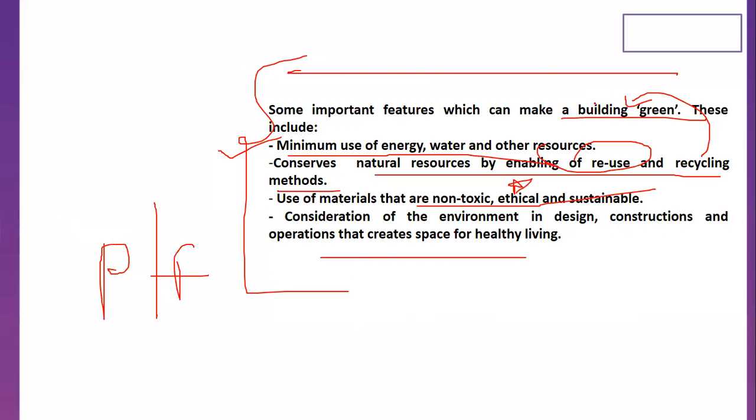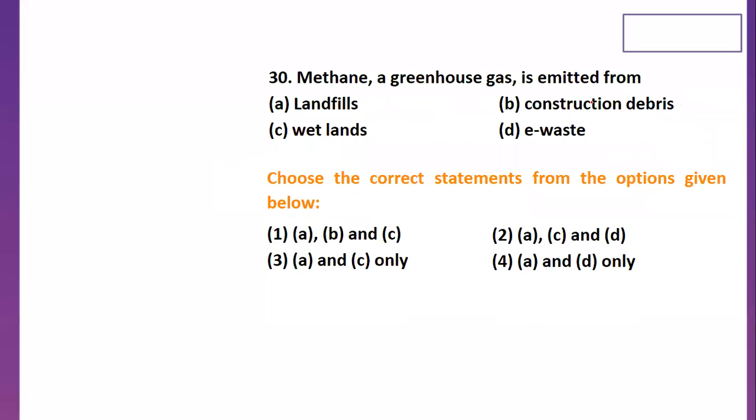Green building. Okay. Now, question number 30, we have methane, a greenhouse gas, is emitted from what? So when we talk about methane, you have a lot of questions based on this topic. So when we say greenhouse gases emitted, methane a greenhouse gas, so they have defined now. They are saying that methane, a greenhouse gas, is emitted from what?